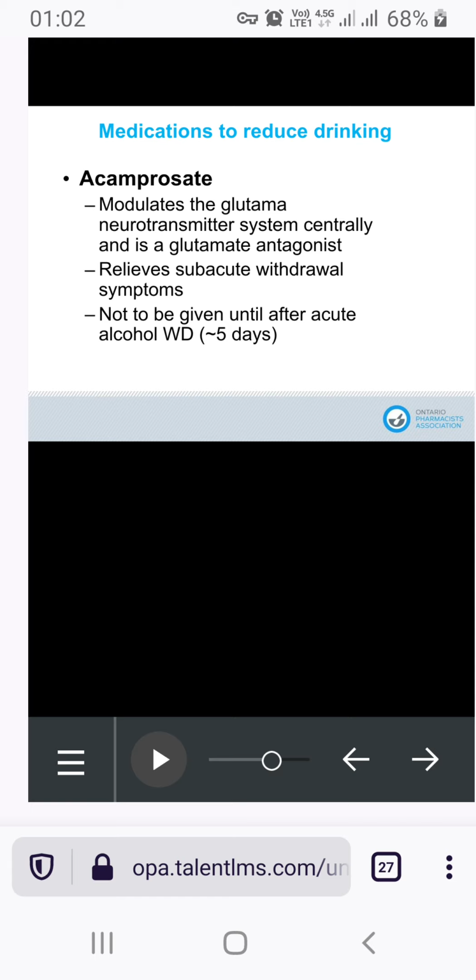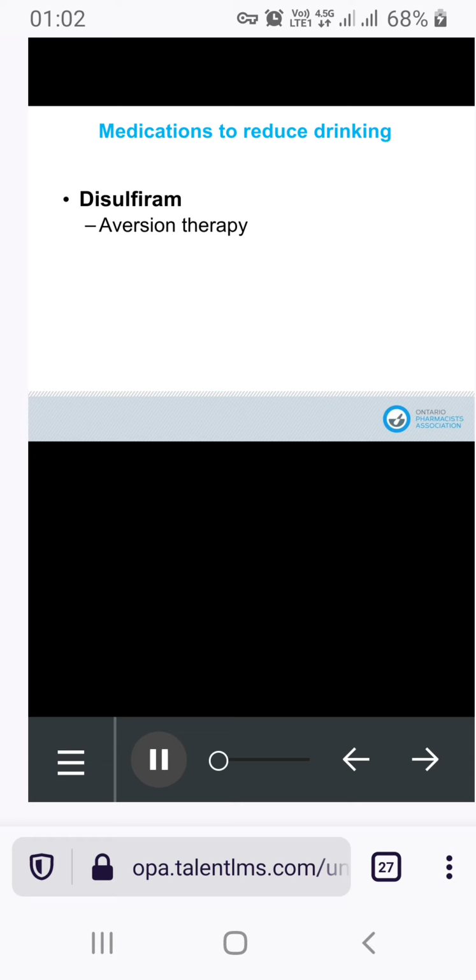It relieves subacute withdrawal symptoms and is not to be given until after the acute withdrawal syndrome, about 5 days after complete withdrawal. Disulfiram is an aversion therapy; it's good for aversion therapy.